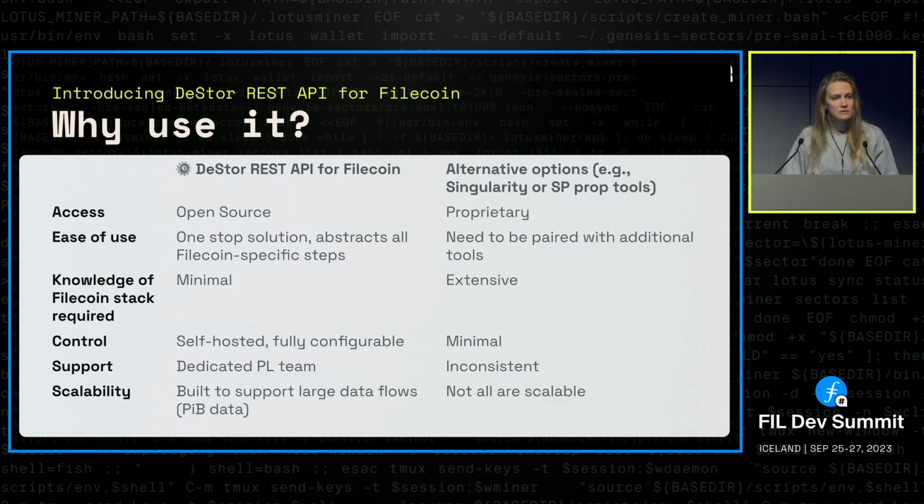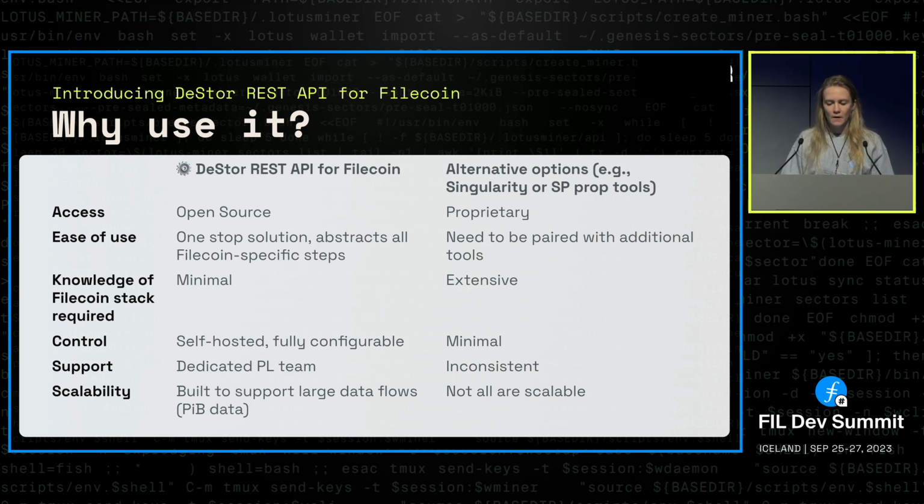It's not the first tool that's out there built to put and retrieve data in Filecoin. However, it's an open source one, which sets it apart from some of the proprietary tooling that has been built in the ecosystem.